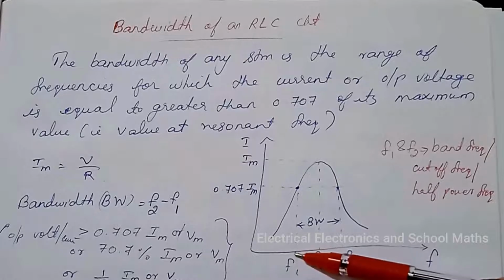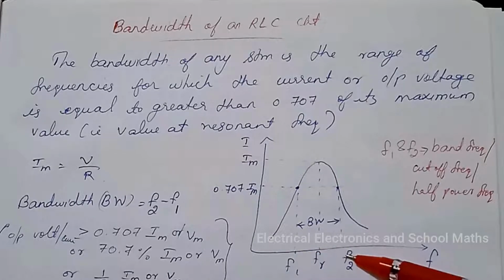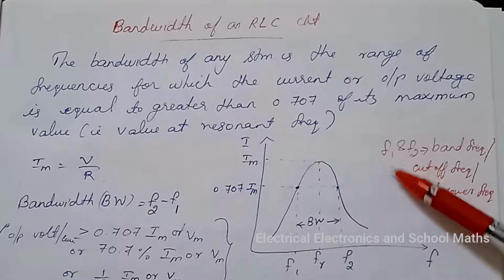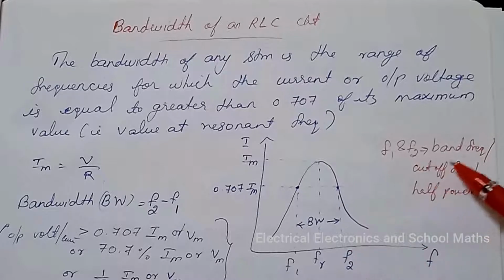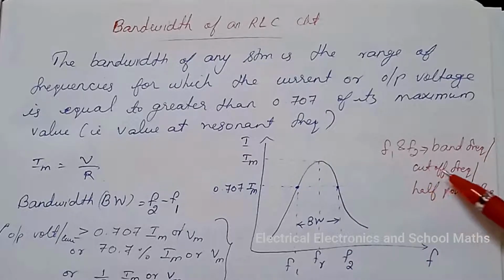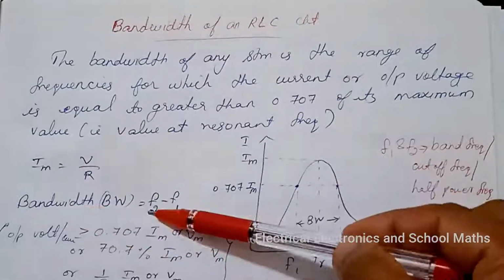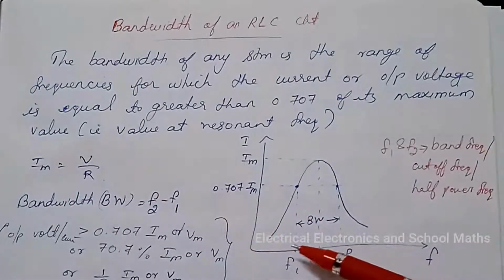They are indicated by F1 and F2. The range of frequencies between the two is referred to as the bandwidth of the resonant circuit. So bandwidth is equal to F2 minus F1.